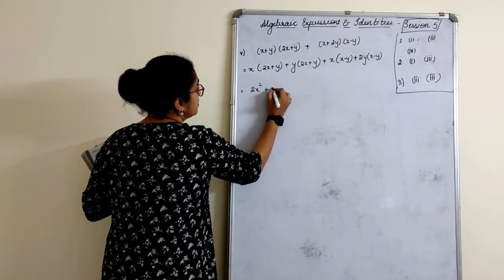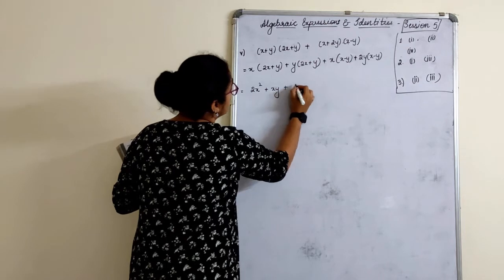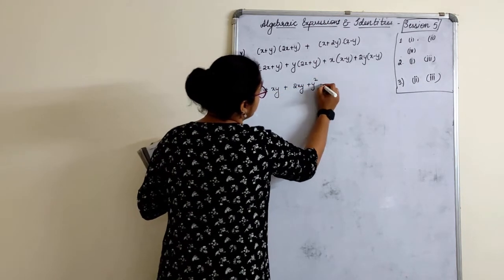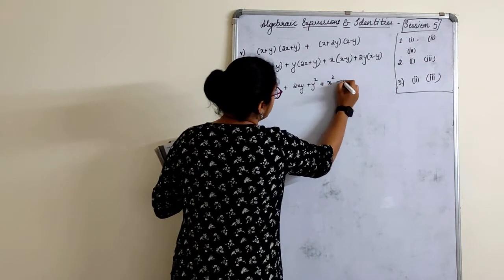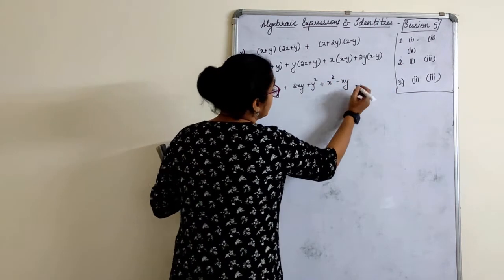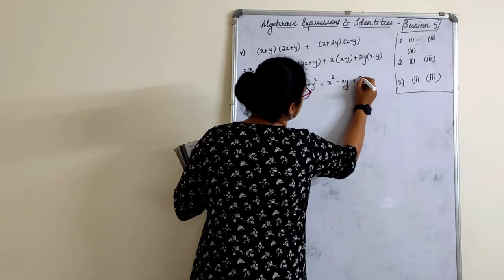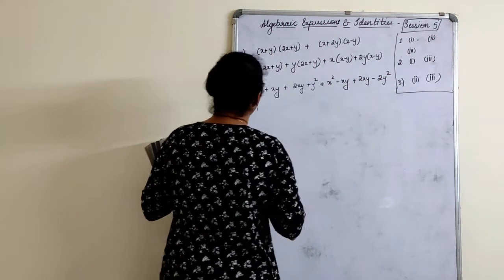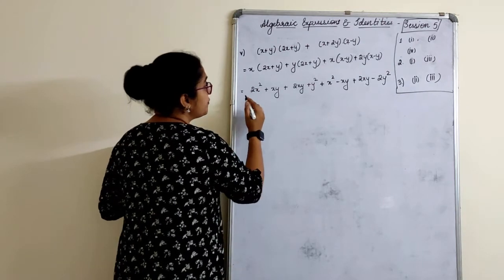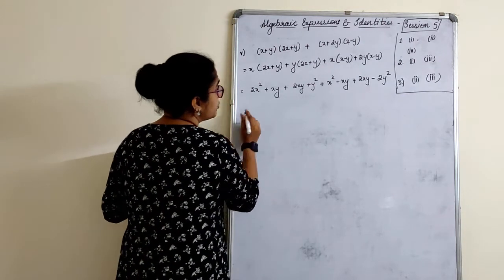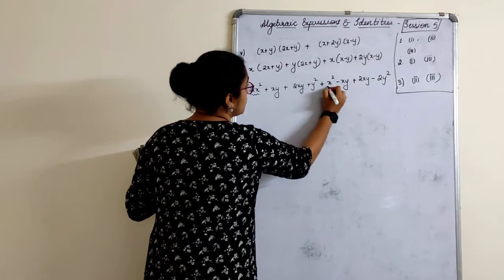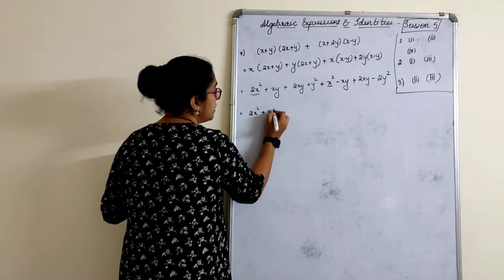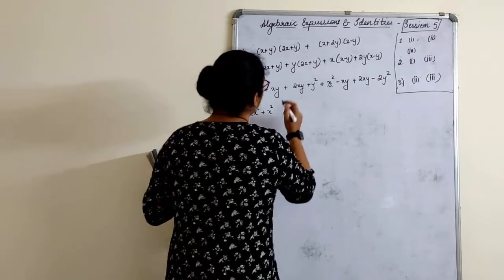2x square plus xy plus 2xy plus y square plus x square minus xy plus 2xy minus 2y square. Let's group the terms. First of all, if you see here is 2x square, do you have? Yes. You have 2x square and x square: 2x square plus x square. Then what do we have?